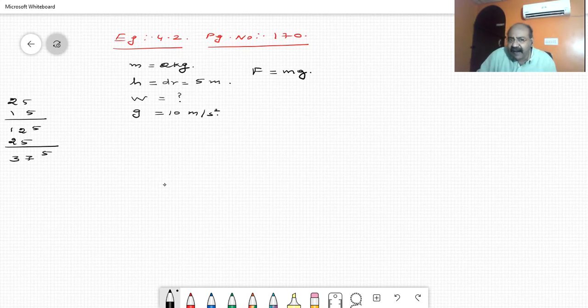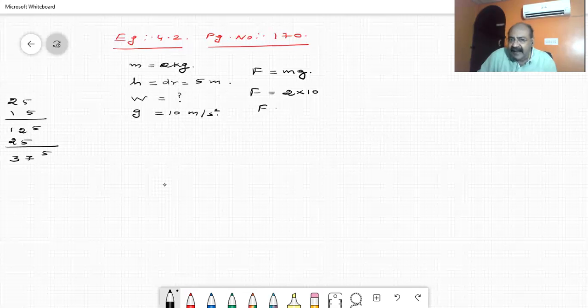So F equal to, m is 2 kilogram, g is 10 meter per second square. So the gravitational force F is equal to 20 Newton. Since it is gravitational force, you can write Fg, or in general, you can write it as F.